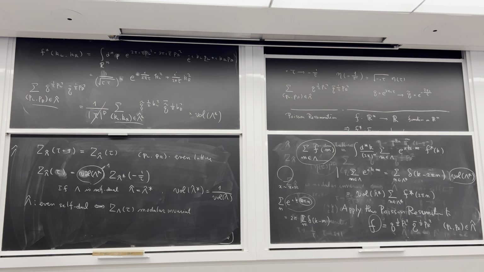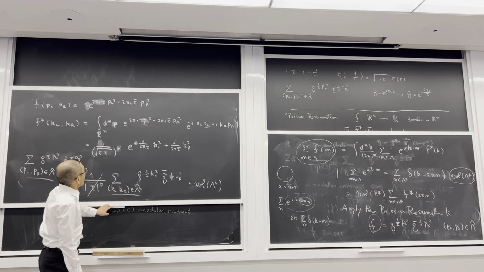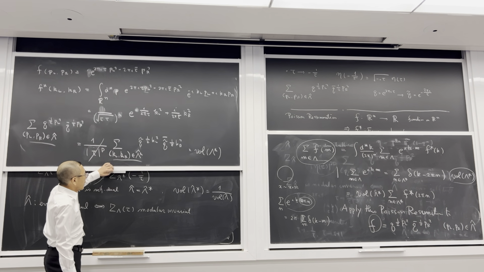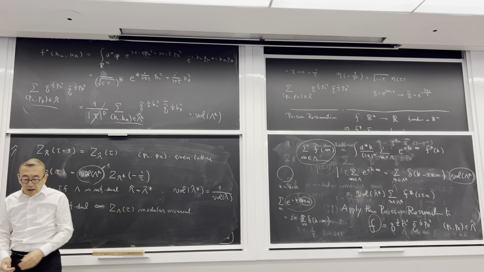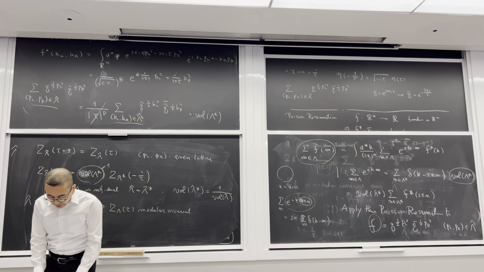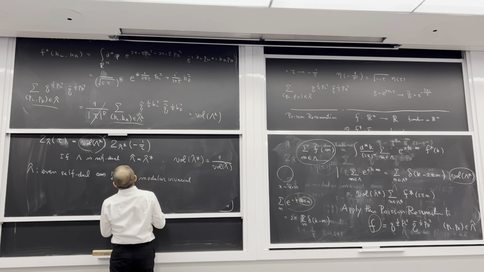Okay. So the next question one might ask is whether the modular invariant lattice is always in the form that comes from the metric. So let's investigate that.